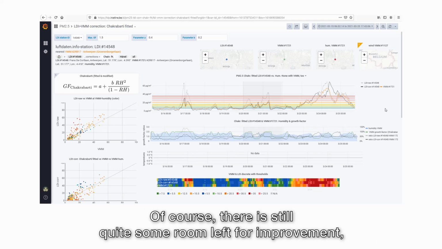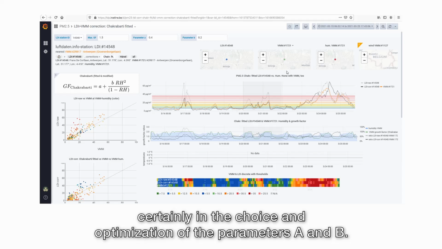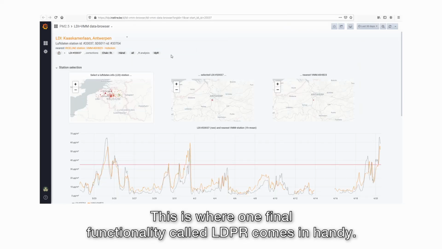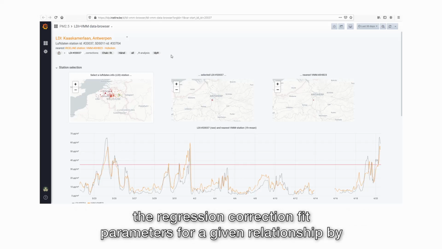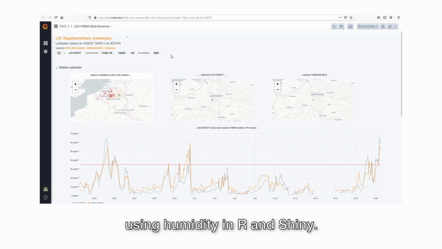Of course, there is still quite some room left for improvement, certainly in the choice and optimization of the parameters A and B. This is where one final functionality called LDPR comes in handy. Here we went a step further and implemented a feature that automatically calculates the regression, correction, fit parameters for a given relationship by using humidity in R and Shiny.